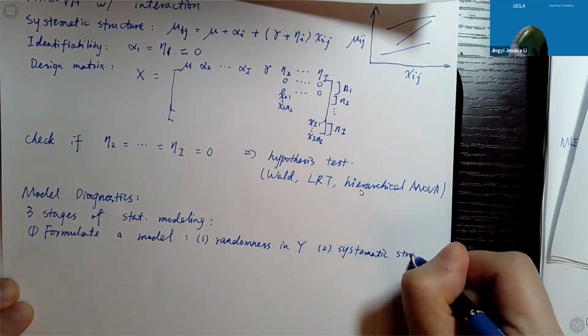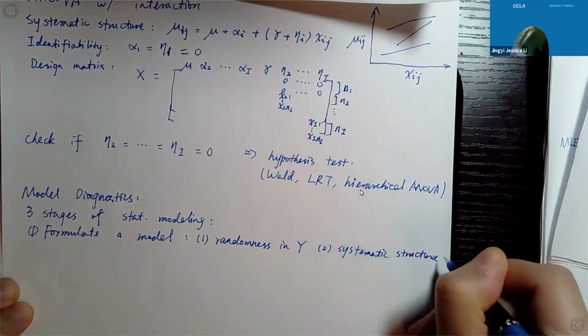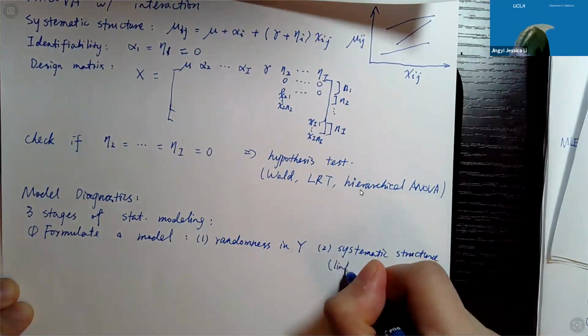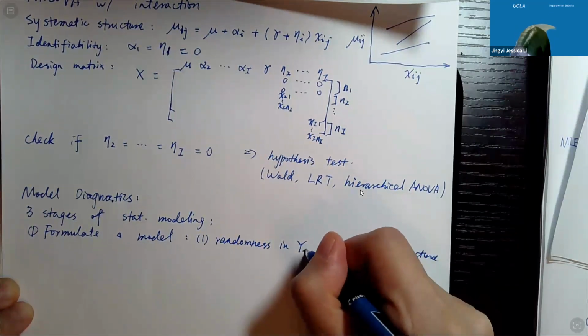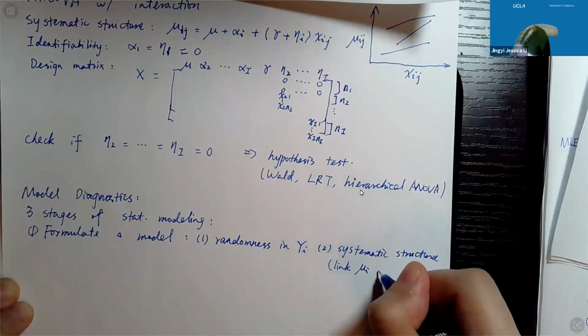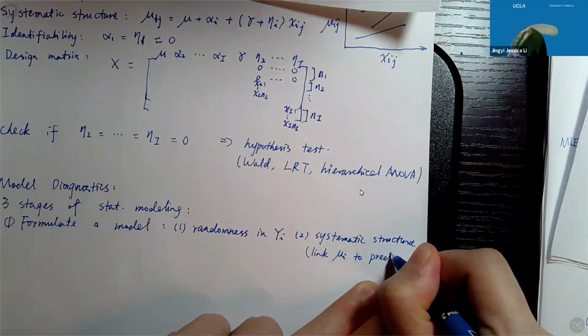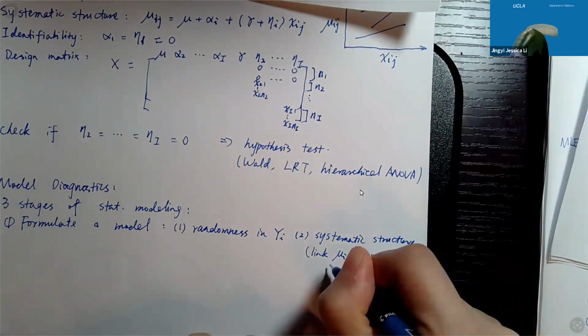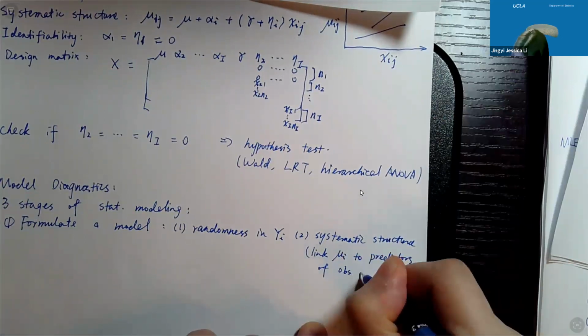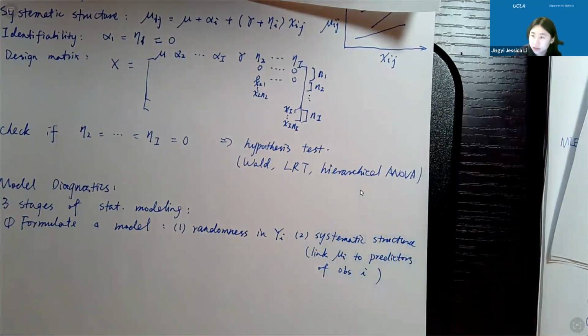The systematic structure is to link mu i, the mean of yi, to some predictors of observation i. This is what we call the linear part, right?